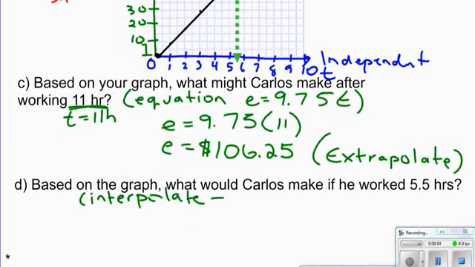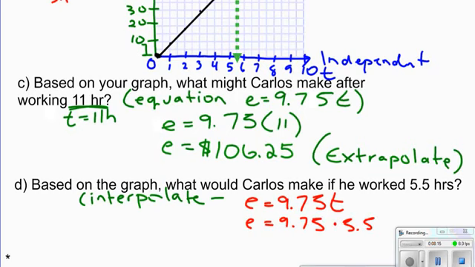But we're going to use our equation just to double check. So E equals 9.75 times T. So E equals 9.75 times 5.5, and I'm just going to write that one down.